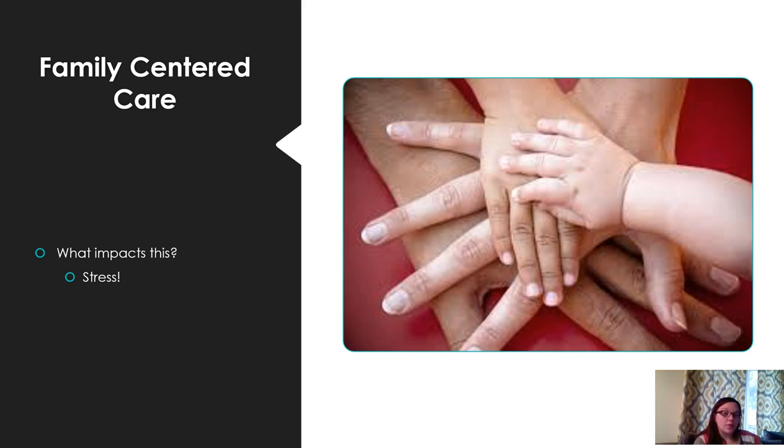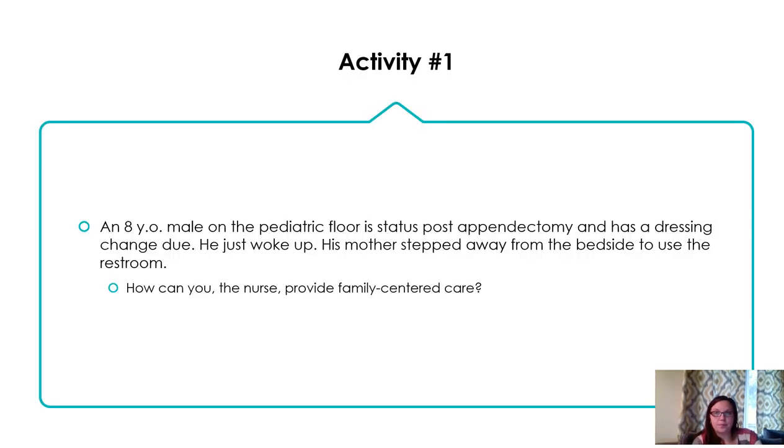If a child's been healthy their whole life, this is a huge piece for the family. And so you as the nurse have to take that into consideration and plan for and adjust for that. So how do you provide the care that you need to for your patient while including the family, taking care of the family all at the same time? And we're gonna dive into that more.